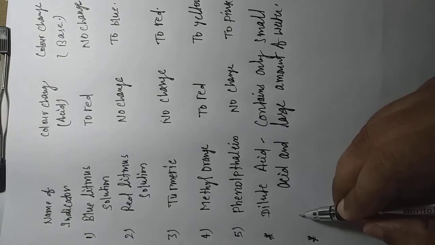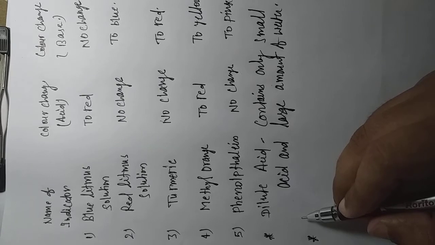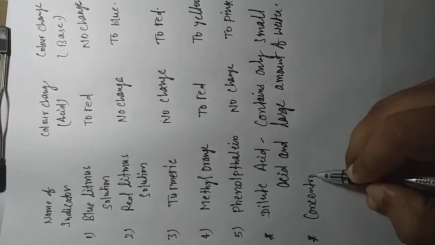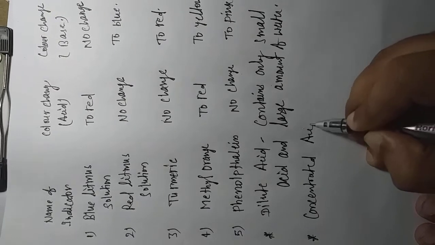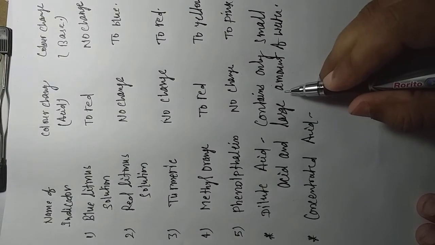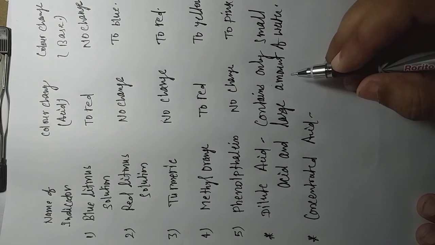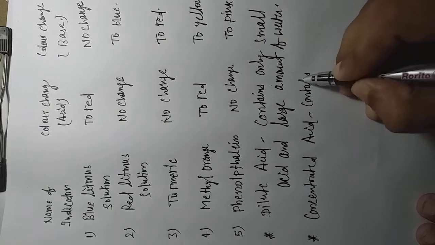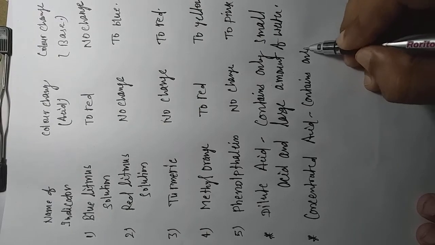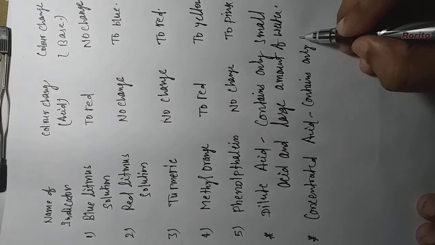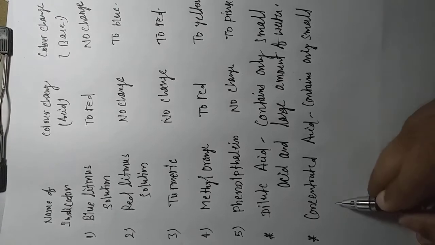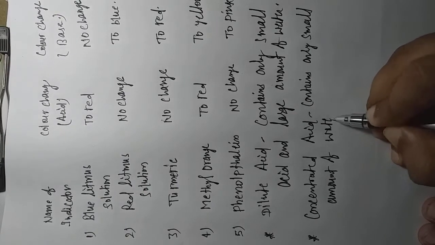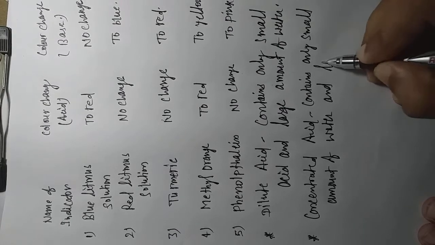And next, if someone asks you about concentrated acid, you have to understand that it contains a large amount of acid and a small amount of water. It is just the vice versa of the previous statement.